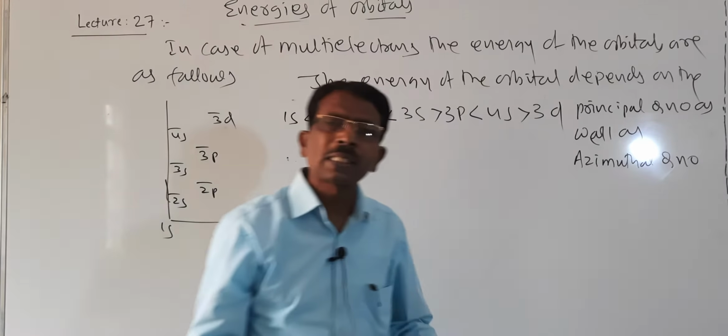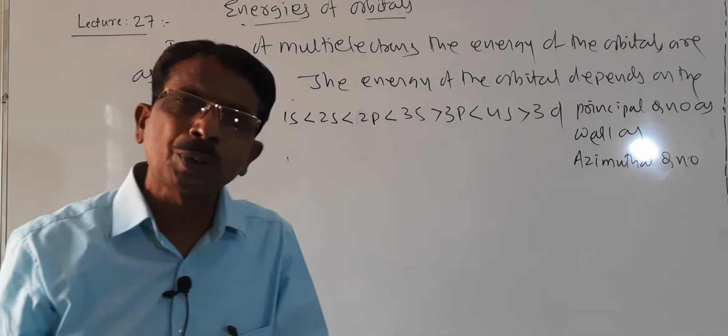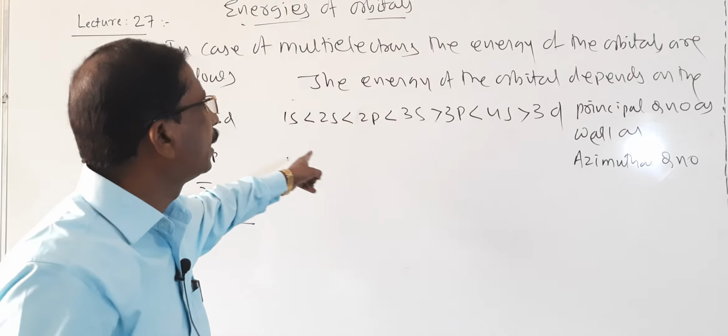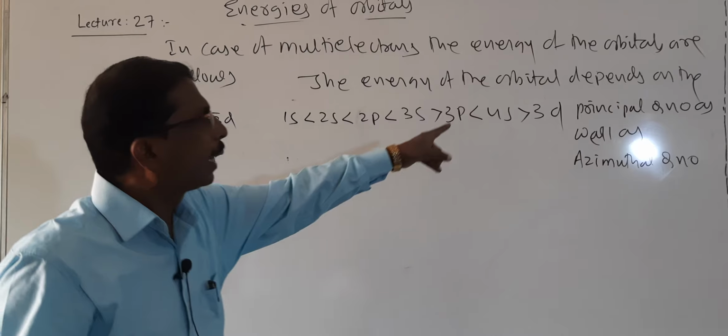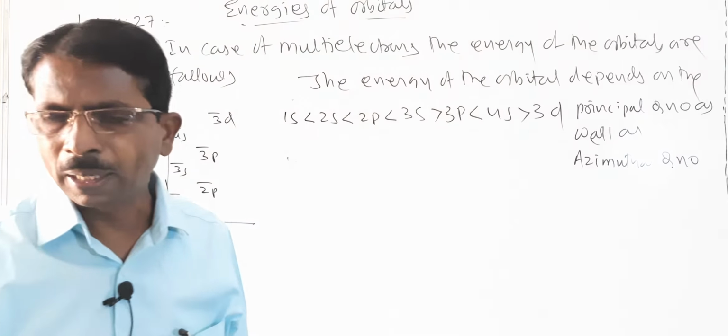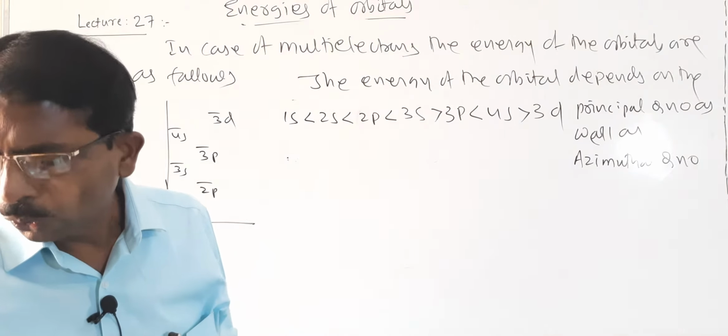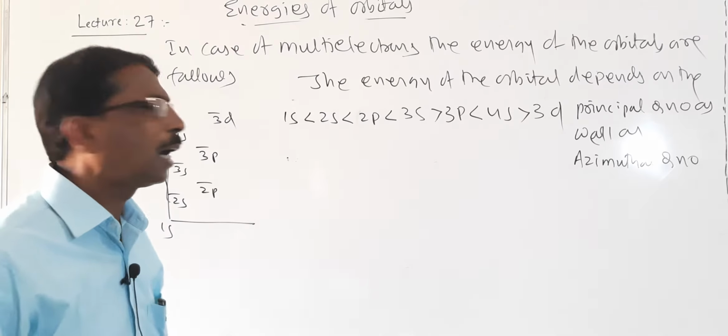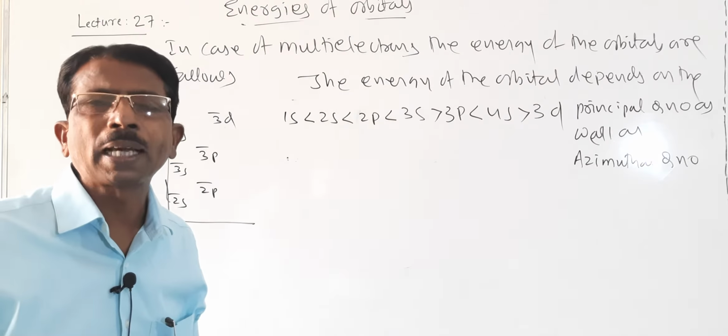Look here, in case of hydrogen, the energy of the orbital depends only on principal quantum number, but in case of other multi-electron atoms, the energy of the orbital depends on principal quantum number as well as azimuthal quantum number. So now let us see how the energy of the orbitals can be calculated.